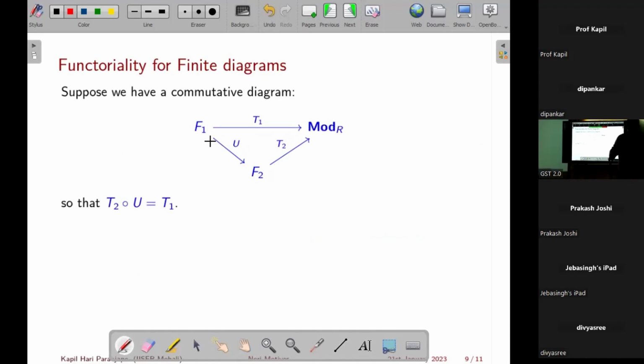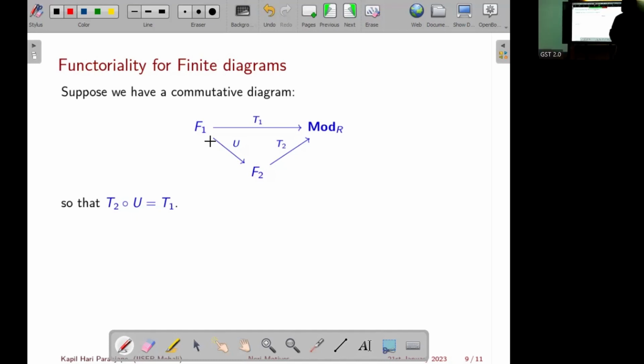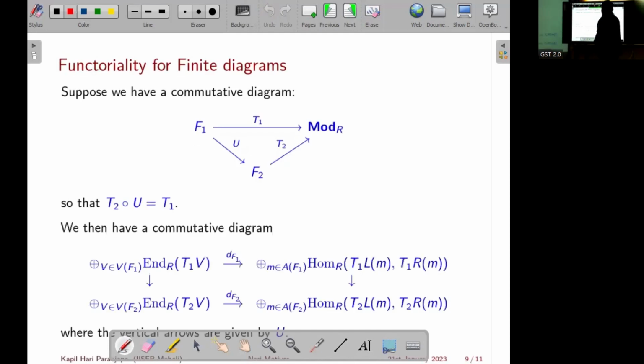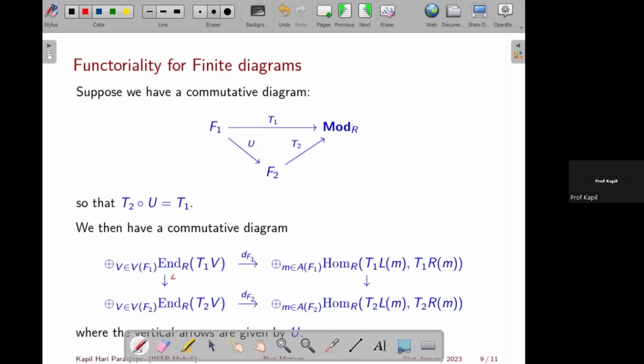But at this stage, it is even just a map of edges, so this is just an ordinary map of directed graphs. That's good enough. So that this is equal to this. Then you can just see that this diagram commutes, where these vertical arrows are given by you.